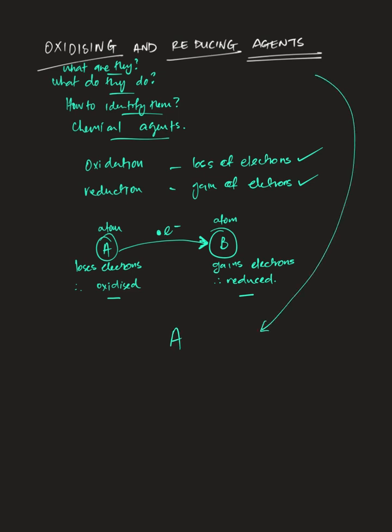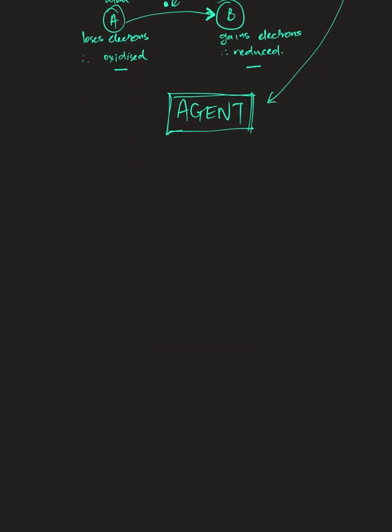Now this new word comes through here, the word agent. When I want you to think of agents, I want you to think about movie stars and celebrities, and you've seen it in movies, that an agent is someone who makes things happen. So they book your interviews, they get you a new gig, they advertise for you, they get you endorsements and so on. So when we talk about an agent, it is something that makes things happen.